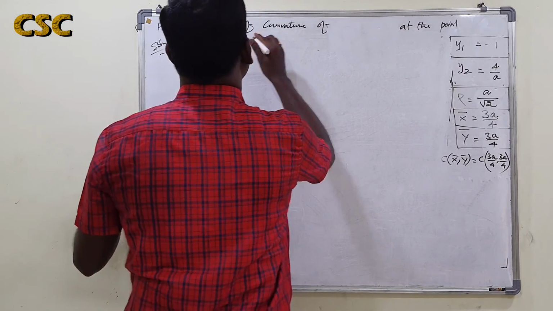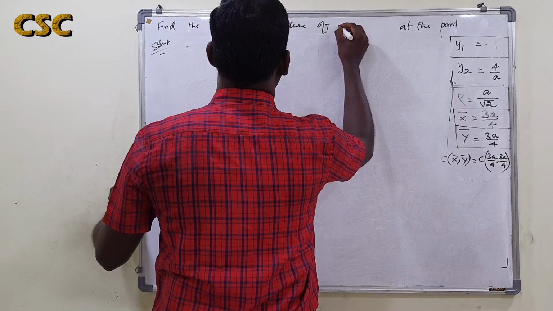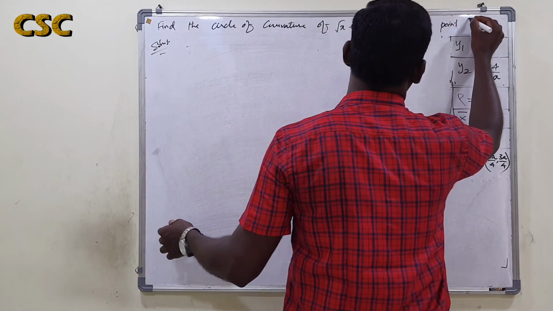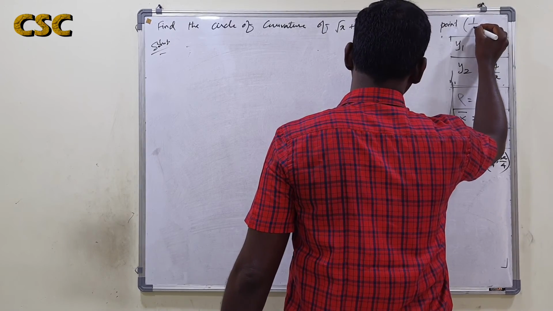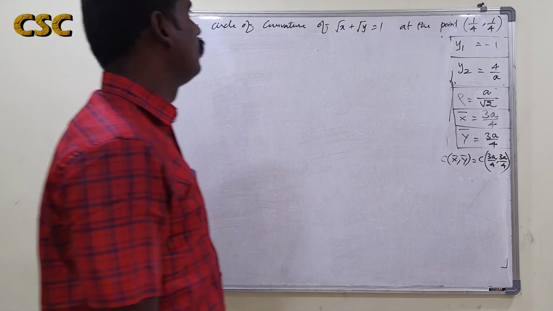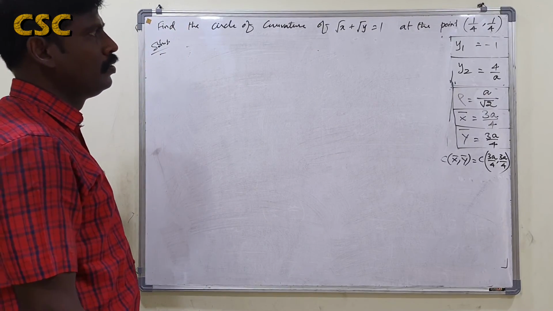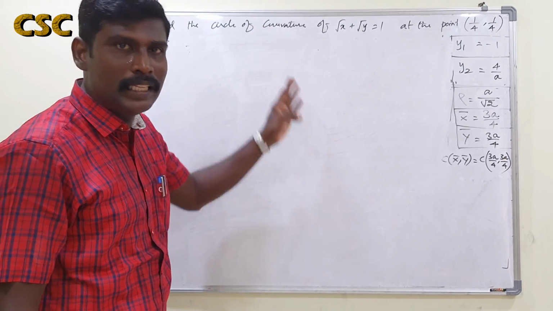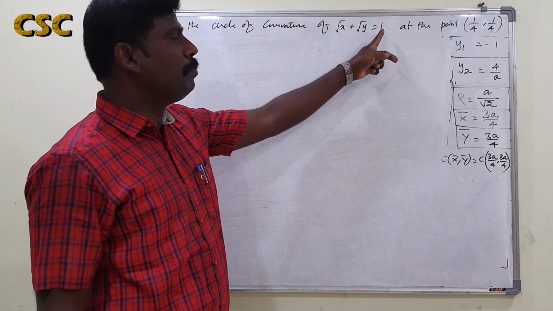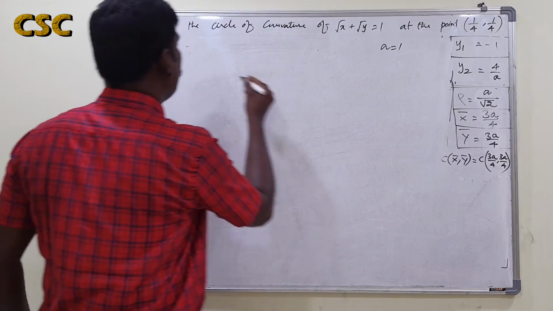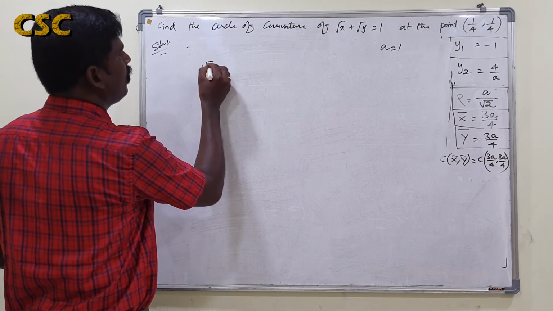Find the equation of circle of curvature of root x plus root y equal to 1 at the point 1 by 4 comma 1 by 4. Okay. Right. How to solve this problem? Same like that of the previous problem, just by taking the value of a is equal to 1. Right? What we have done in the previous problem?